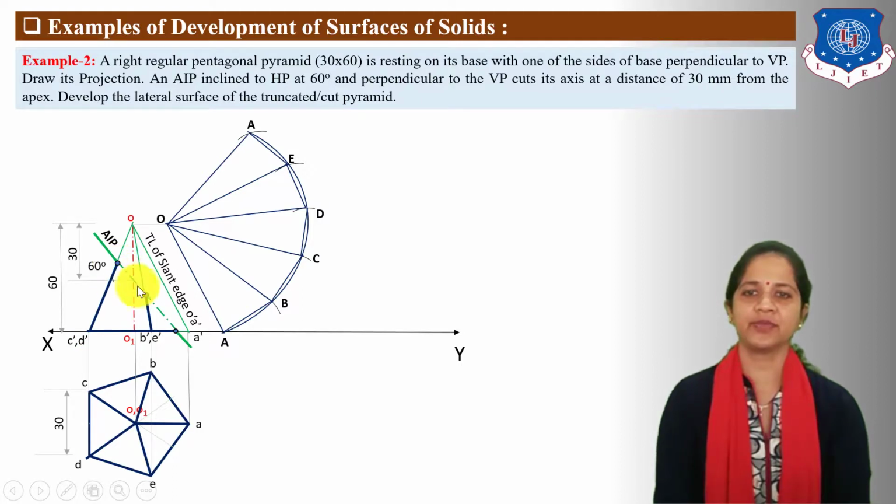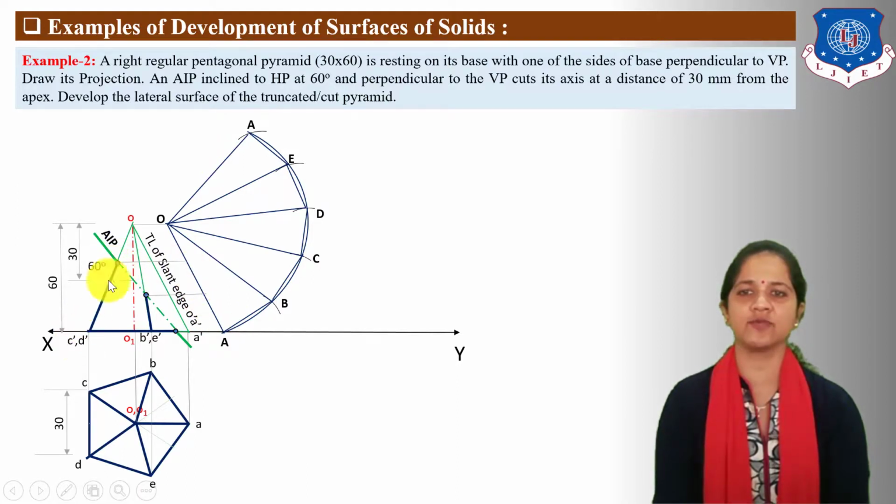Next, transfer this cutting point horizontally up to first line or first slanted of the development. Next, how to transfer cutting points of OC and OD slanted in development.